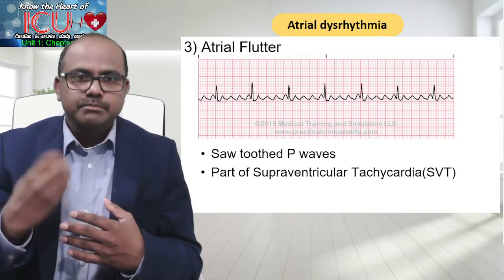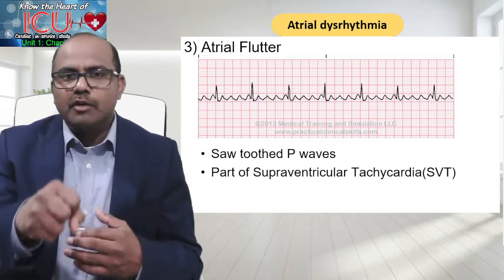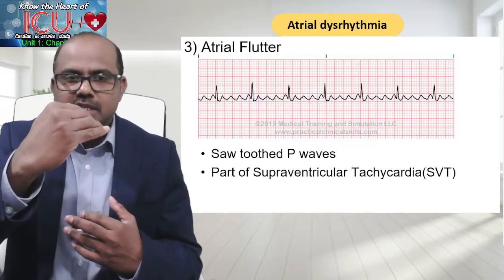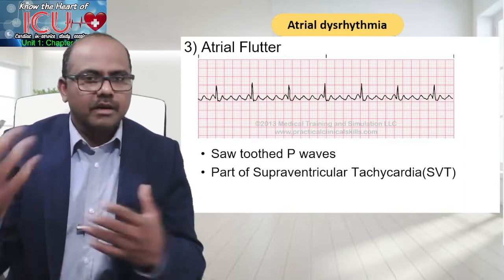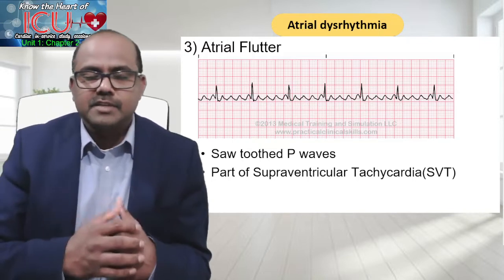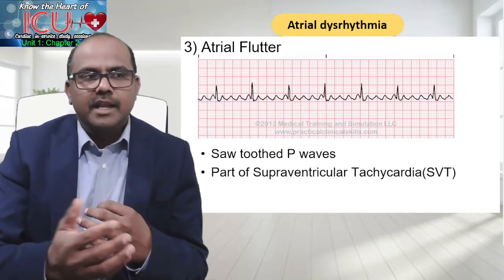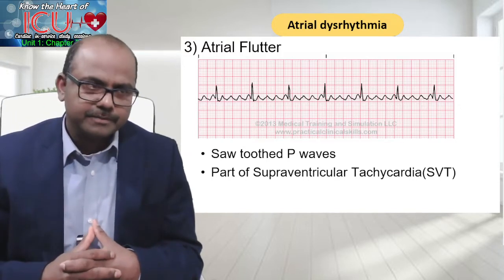To prevent that, the body has a function, a safety valve kind of thing. The AV node filters the atrial impulses and conducts only every third one or every second one, or it doesn't follow a rhythm, it just randomly sends one down. So that's why the atrial rate is different from your ventricular rate in atrial flutter.